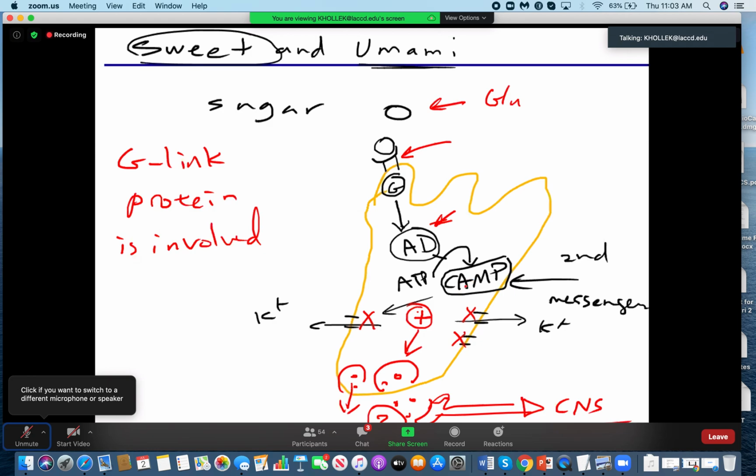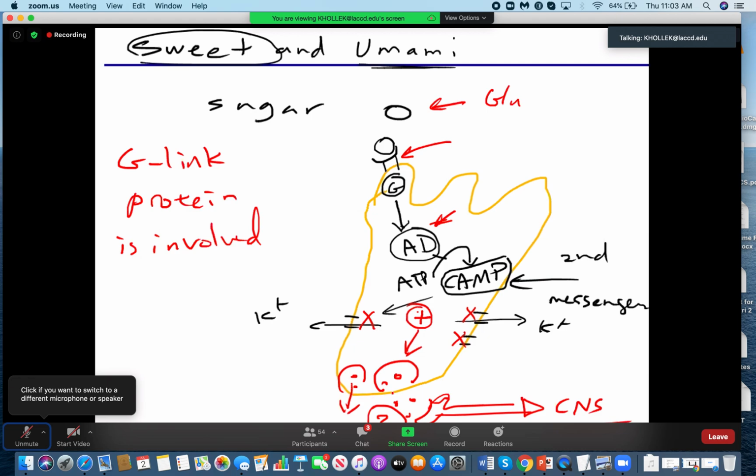In this case, this second messenger closes the potassium leak channels, so potassium no longer goes out, and that causes the depolarization, which, when it's great enough, is going to cause the action potential to fire, and the rest of the story is the same. All right?